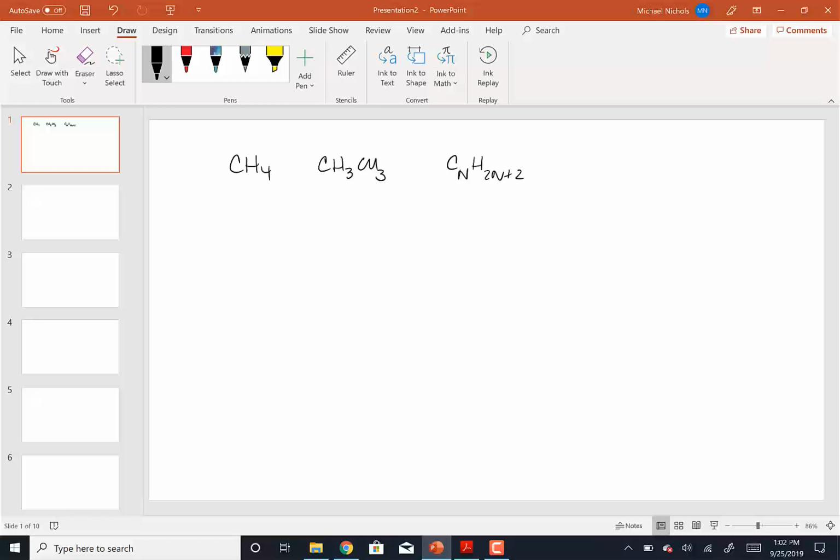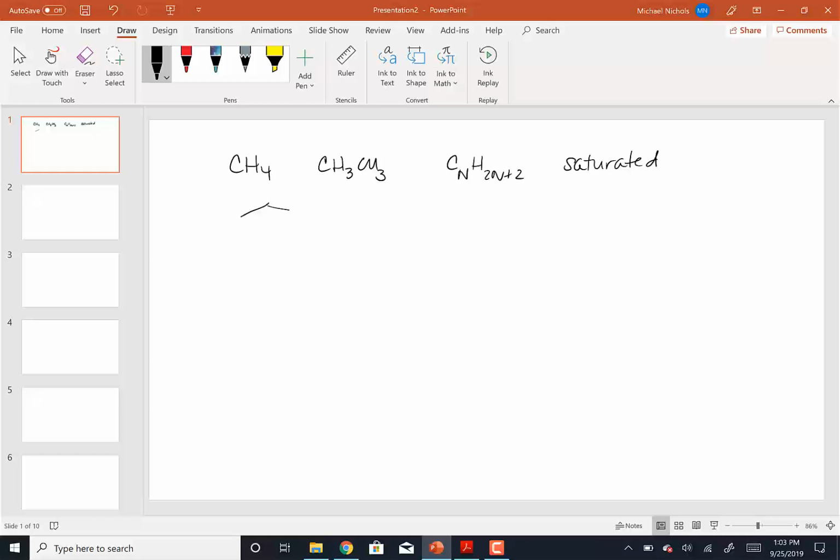This formula is what's called saturated: you have the maximum number of hydrogens per carbon, and that's what the term saturated means in organic. So alkanes are saturated. Once you form a ring or include a double bond, you have less than the maximum number of hydrogens per carbon.